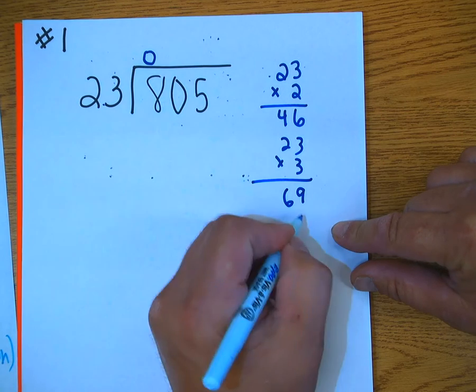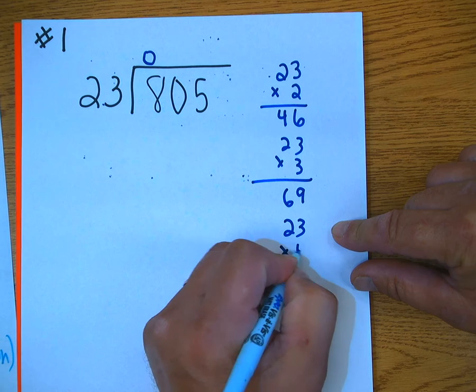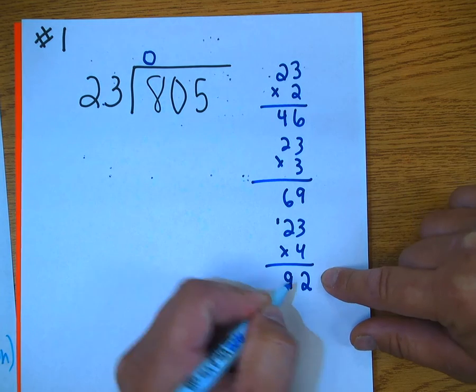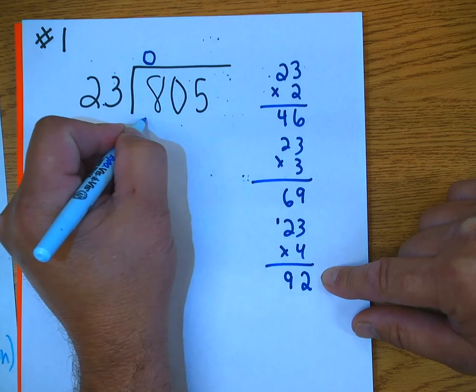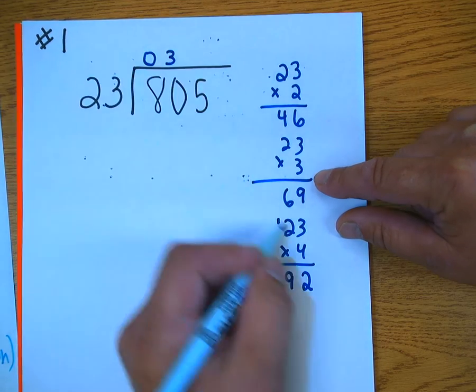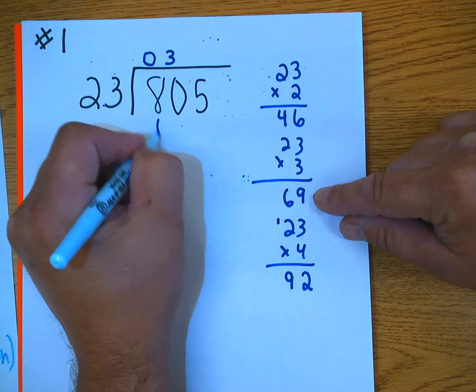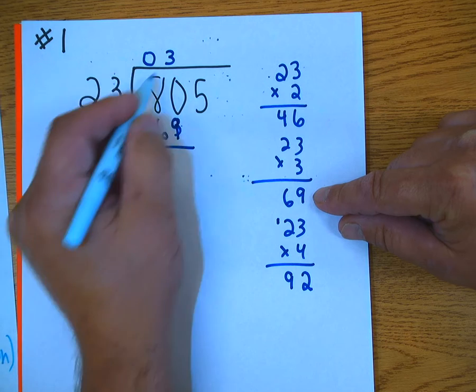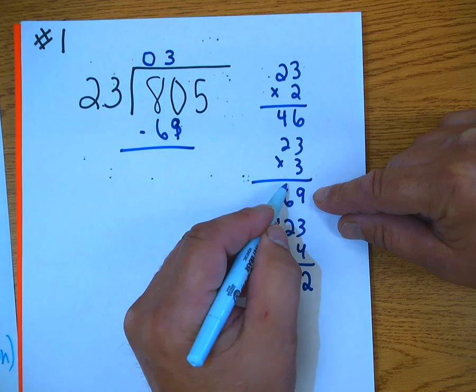Still not enough. 23 times 4, 92. So I've gone over 80. So the only amount of times I can get it in there is 3. That equals 69. So divide, multiply. 3 times 23 equals 69.